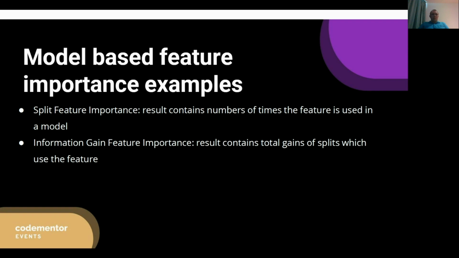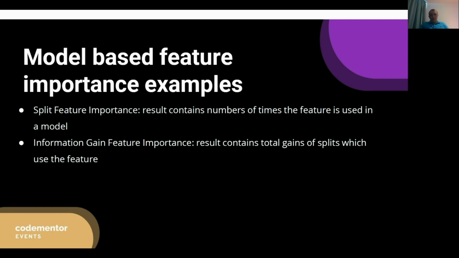The other example of model-based feature importance is information gain feature importance. For instance, in the LightGBM package, we calculate this information gain feature importance automatically. When we do any split while building the model, we can have an information gain criterion: we try to decrease the entropy.